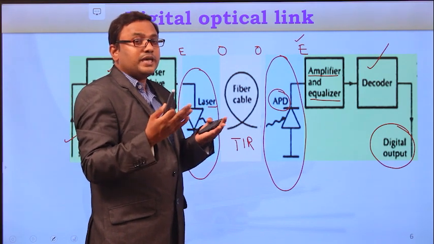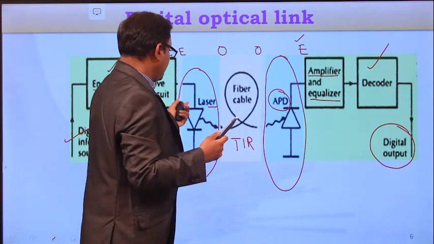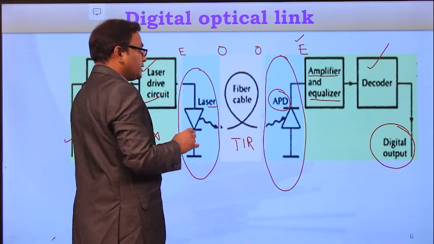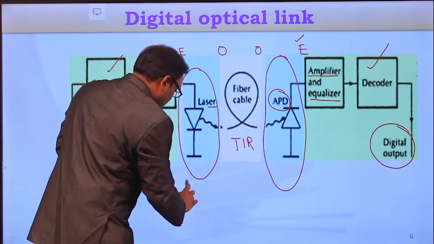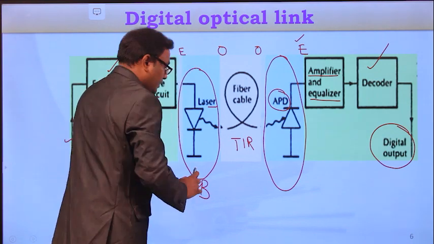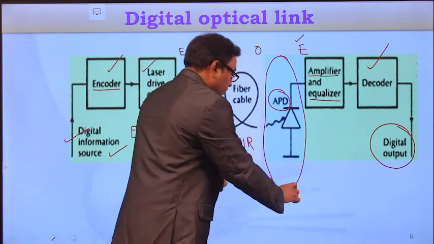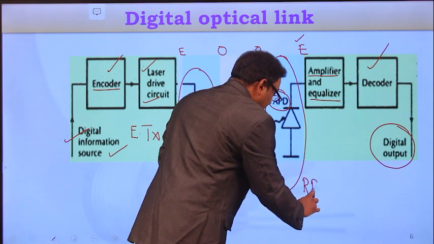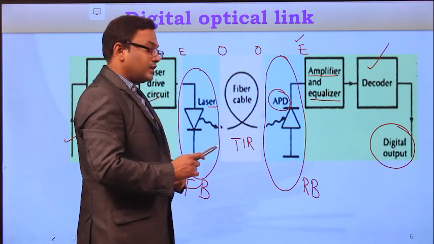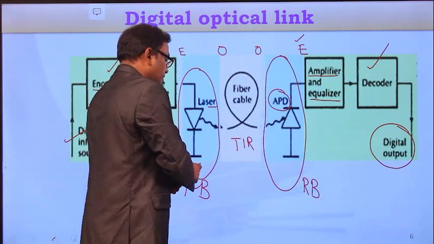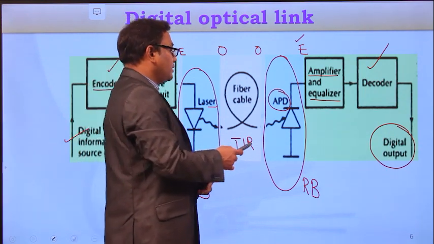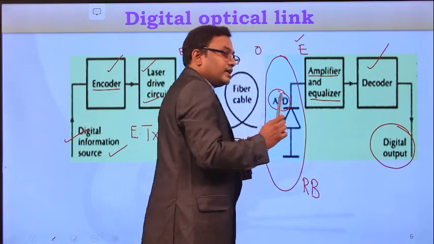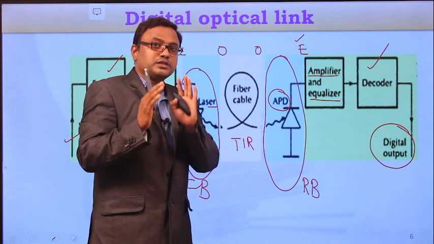Both are PN junction diodes, and at the source side that diode is in forward bias condition, and at the destination side the diode is in reverse bias condition. So during normal operation, all optical sources must be forward biased and all photodiodes must be reverse biased. Keep this point in mind.